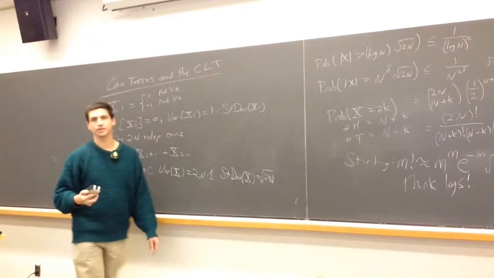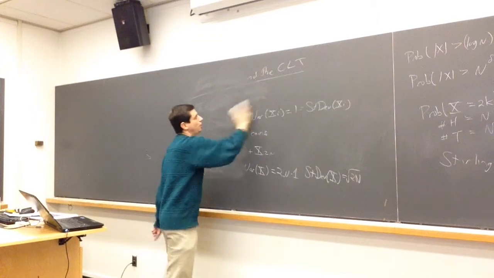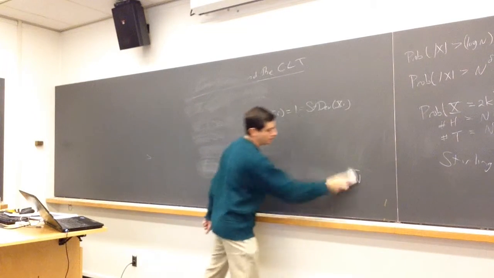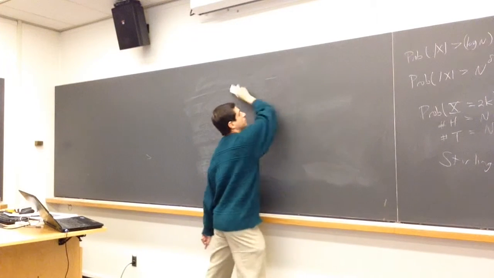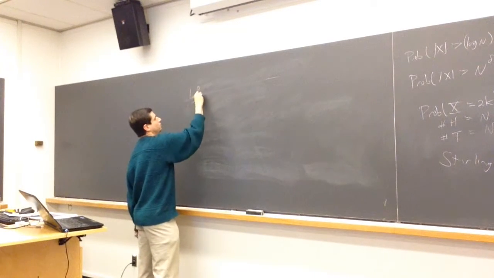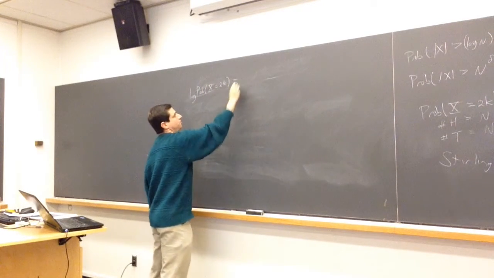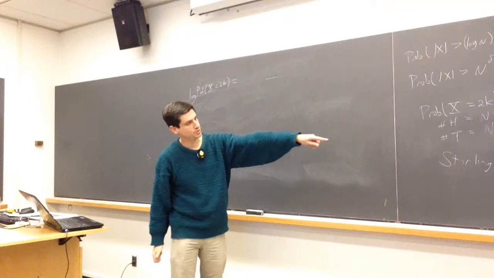So we want to think logarithms. When you have a massively complicated expression like this, a really good way to do this is to do logarithms. So now let's look at the log of the probability that x equals 2k. So now when we start doing logarithms, we take the log of the products.